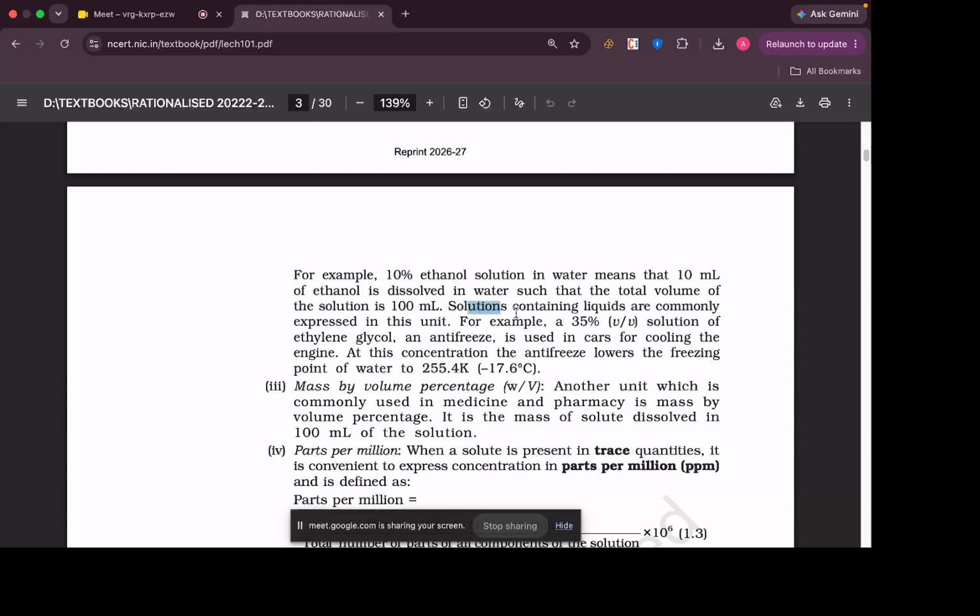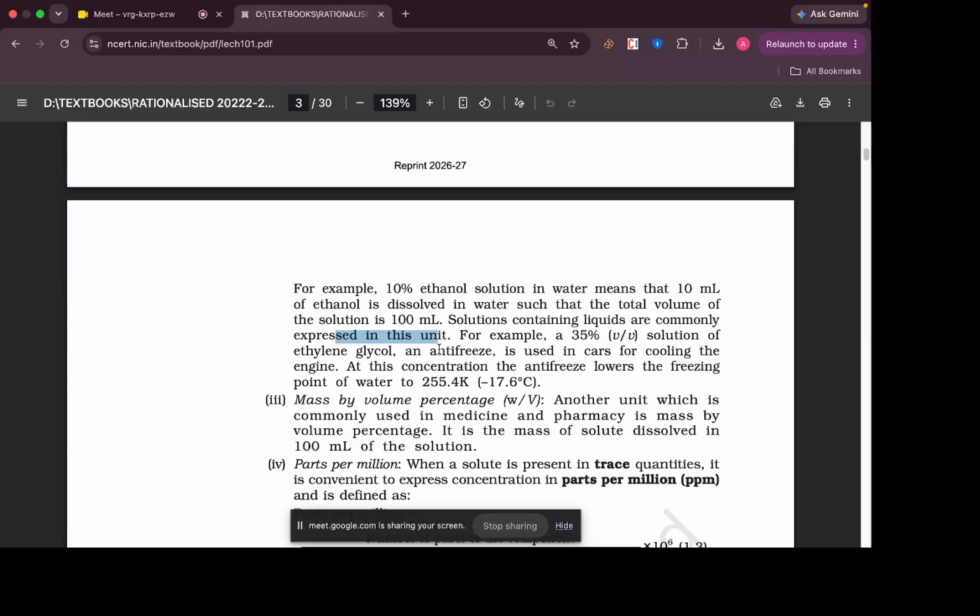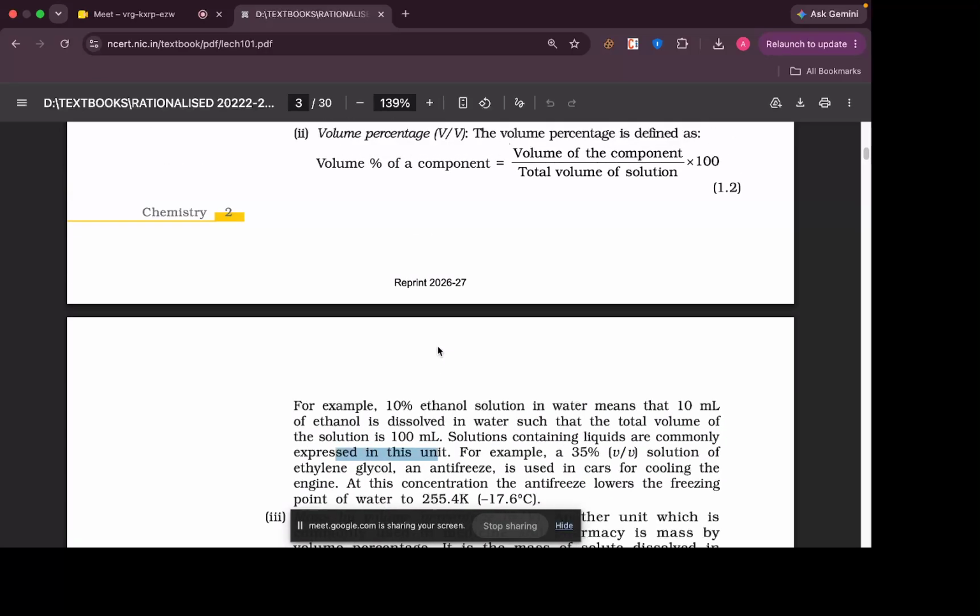Solutions containing liquids are commonly expressed in this unit. So whenever you use volume percentage, try to use ml. Don't use liter. But you will say, sir, if I have to use liter, then what do I do? Just be sure that you are using liter here also and here also.